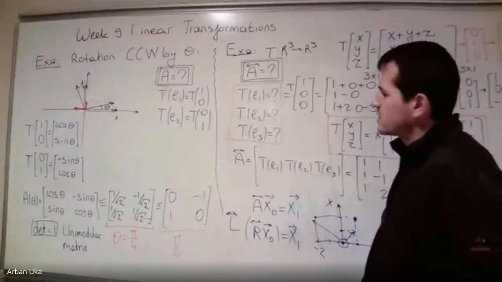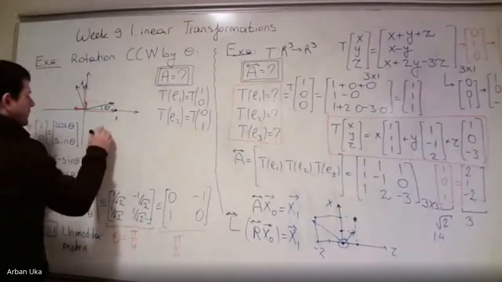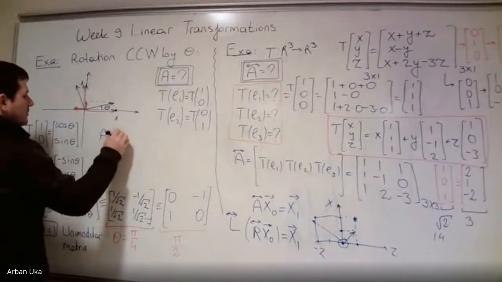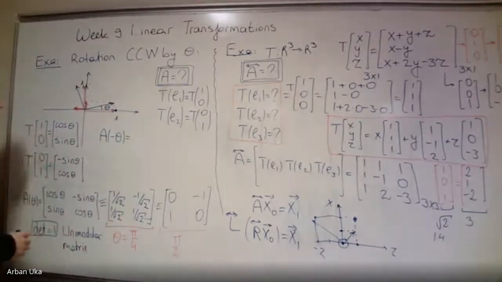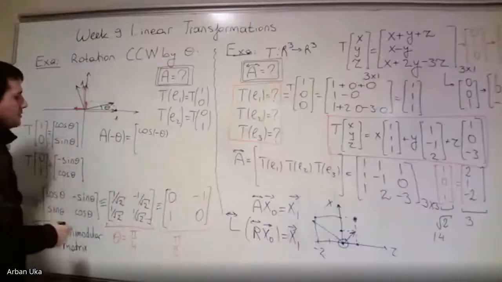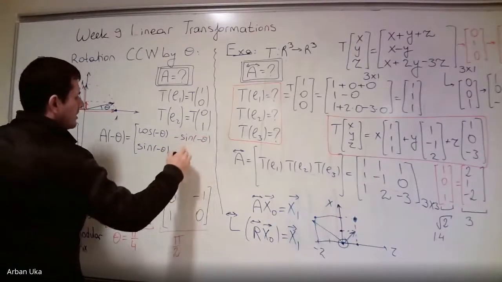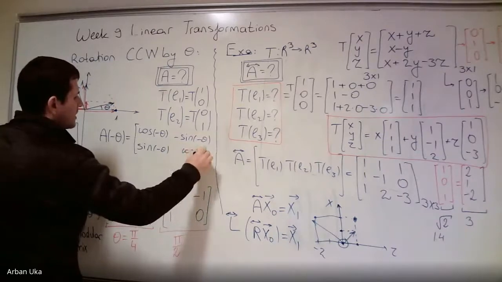Now, let me also ask you the following. What is A minus theta? A minus theta, this is it. It's cosine theta, or sine minus theta, minus sine minus theta, and cosine minus theta, right? It's the transpose.